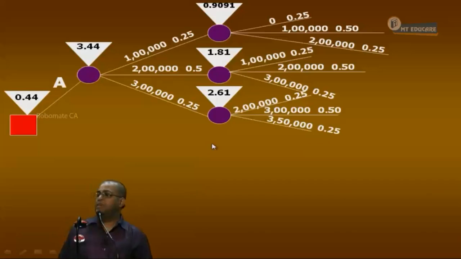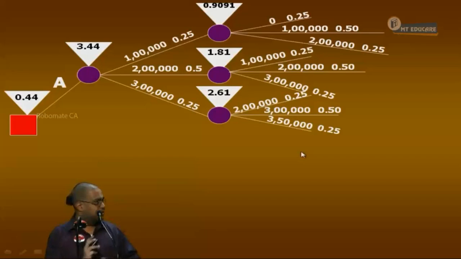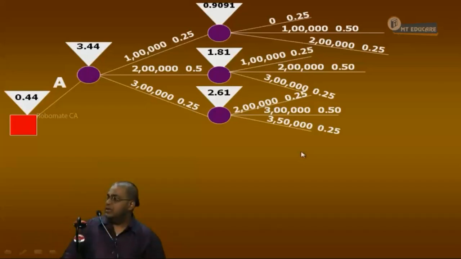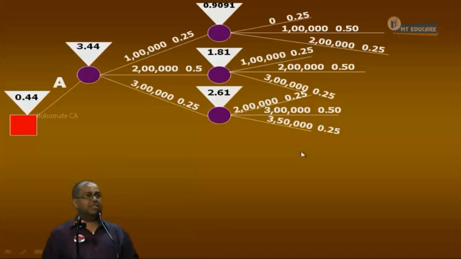Okay. Expected year 2 cash flow is equal to, please tell me the calculation: 2 lakhs into 0.25 plus 3 lakhs into 0.5 plus 3 lakh 50,000 into 0.25.